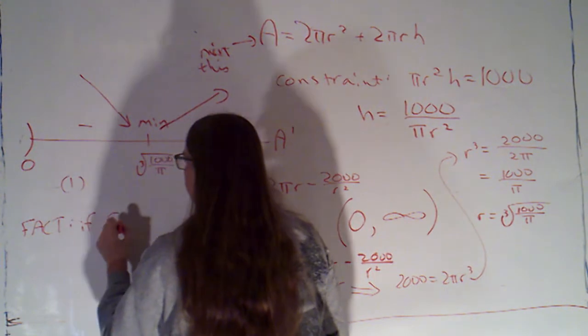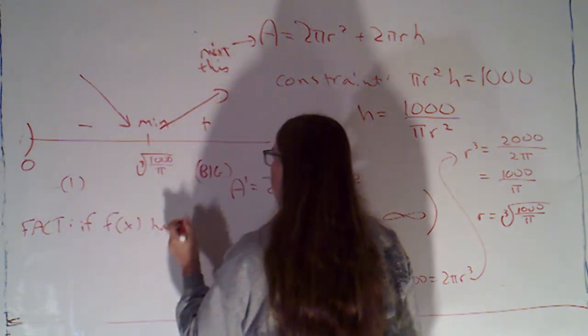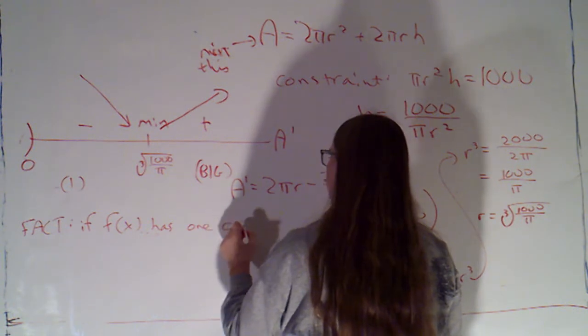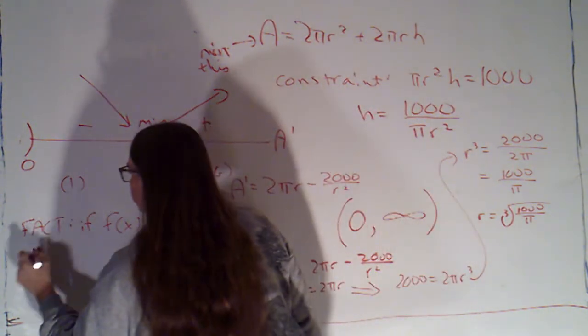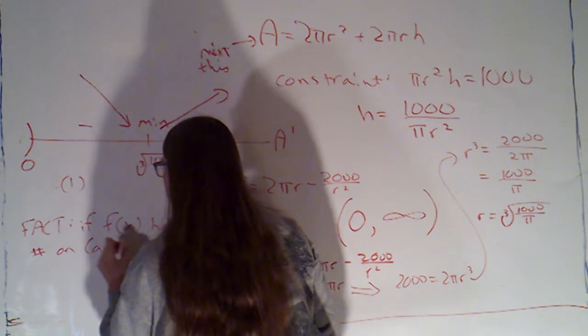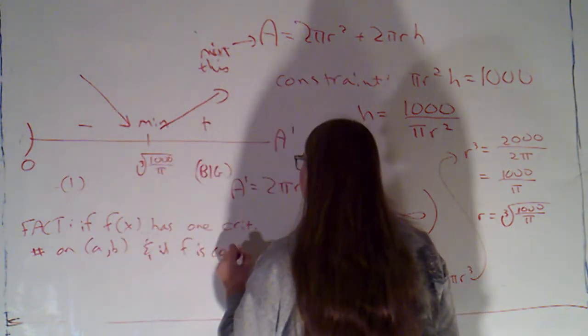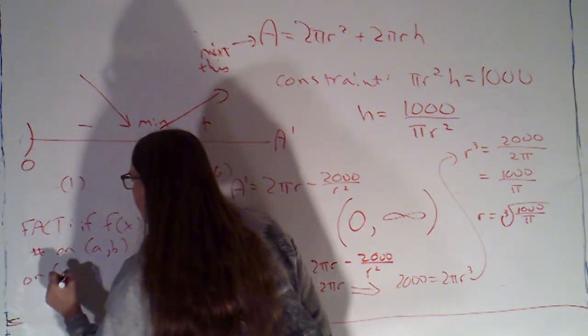If f of x has one critical number on AB, and if f is continuous on AB.